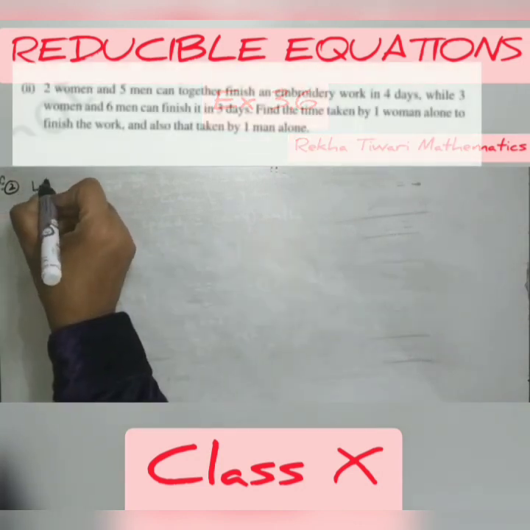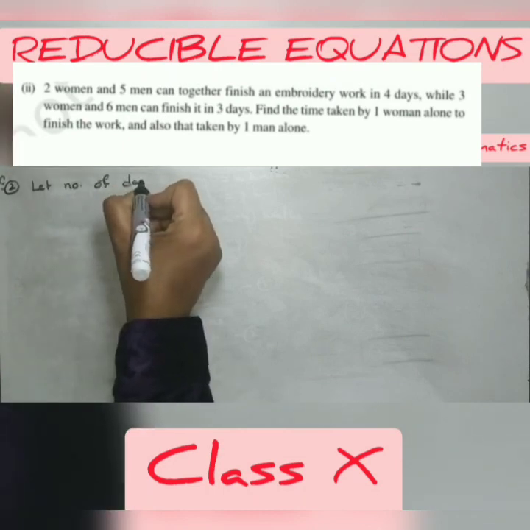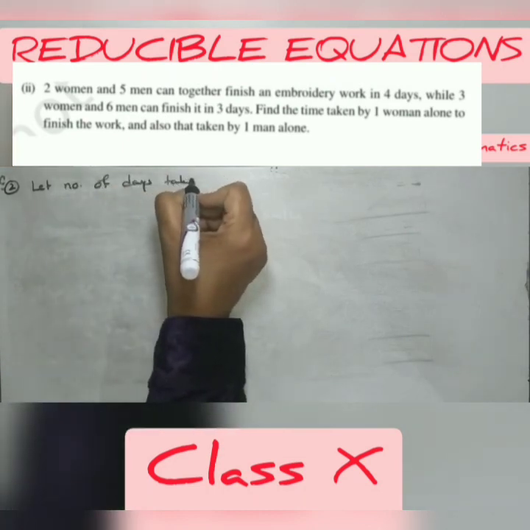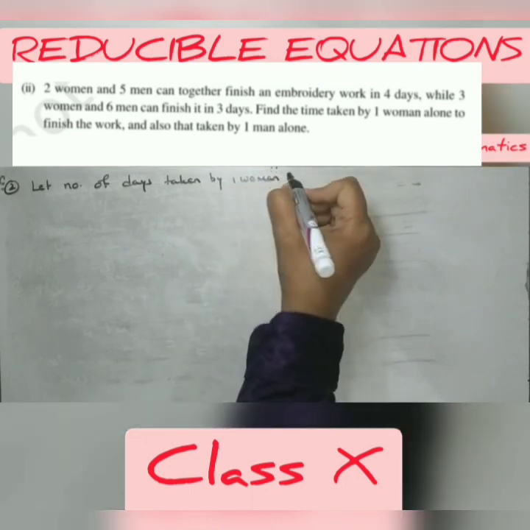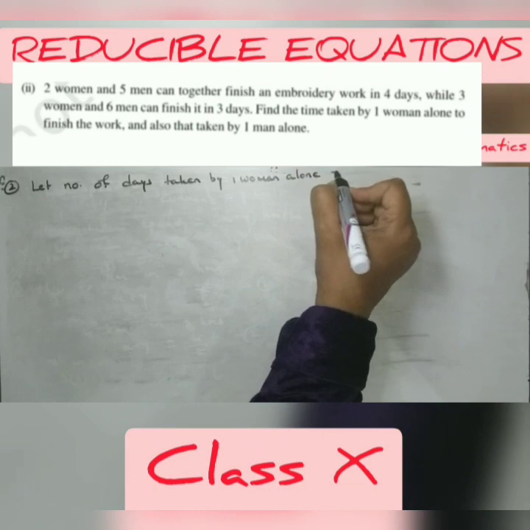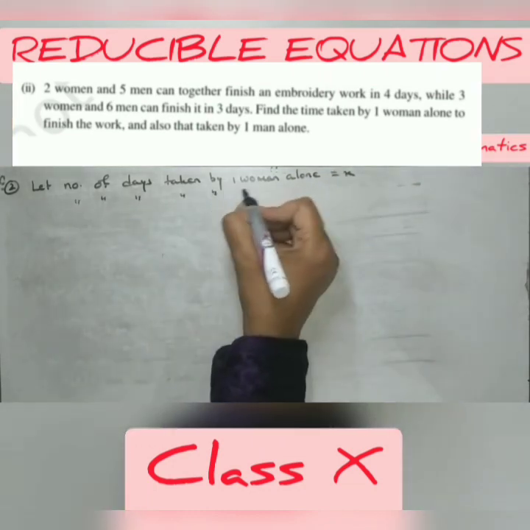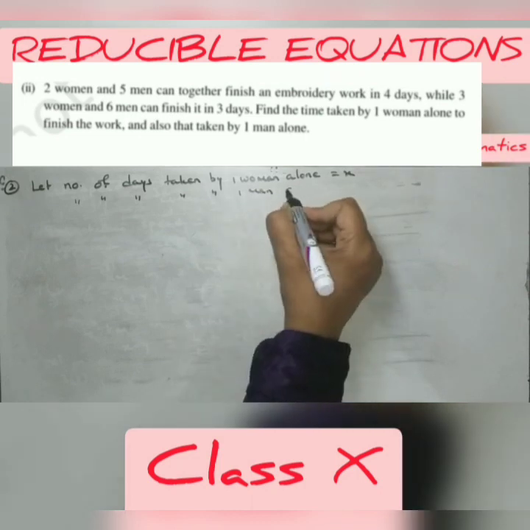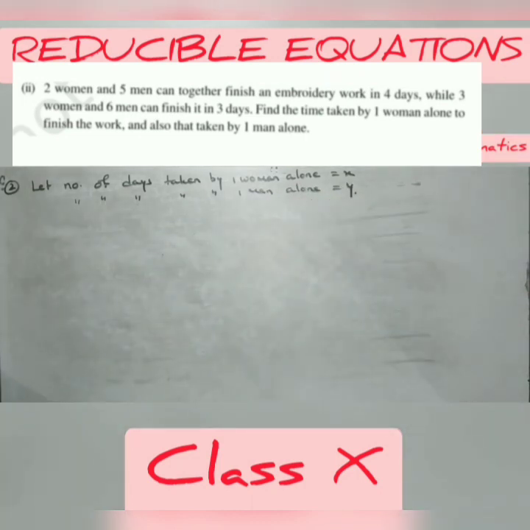Let number of days taken by 1 woman alone is equal to x, and number of days taken by 1 man alone is equal to y.